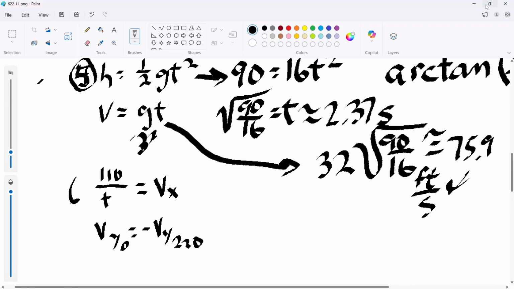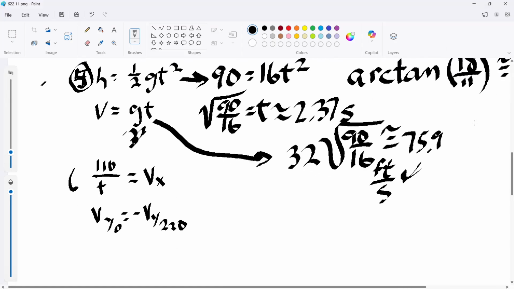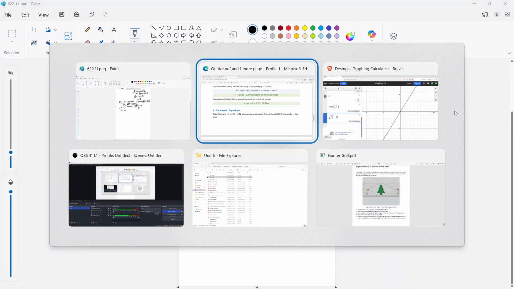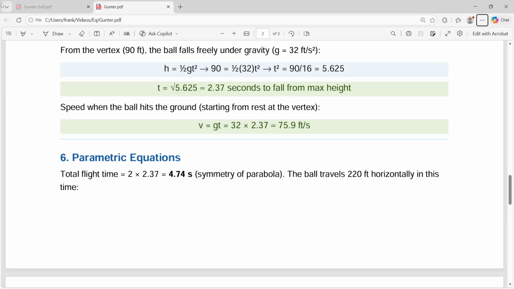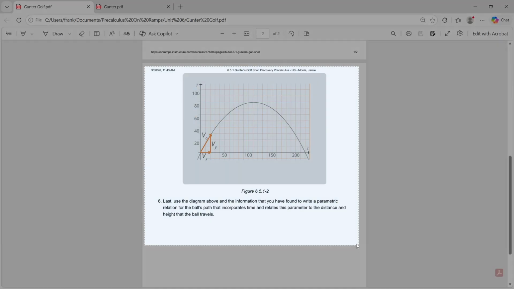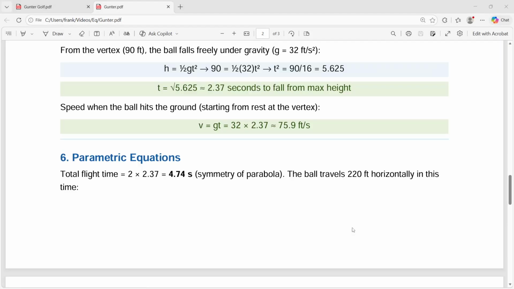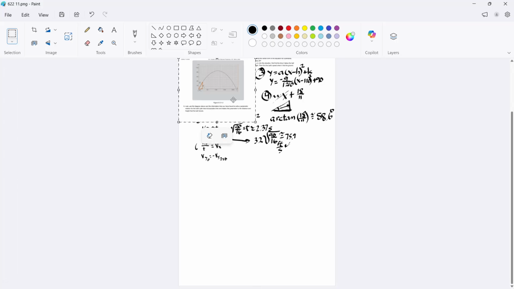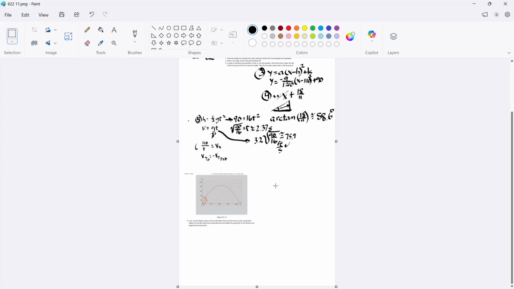Okay, so now I've got the velocity, I've got the time, and now I can do the other part of this thing, which is this part. Parts is parts. And there, very nice. Okay, I've got it.